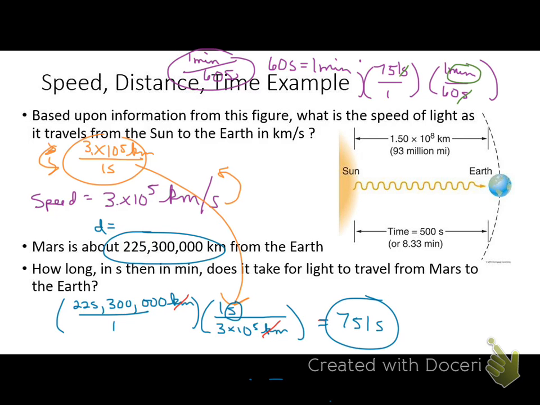So 751 divided by 60, I got 12.516666, looks like repeating. So how should I round this? What do you think? 12.2. I like it. 12.5.